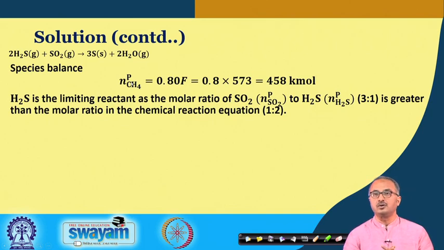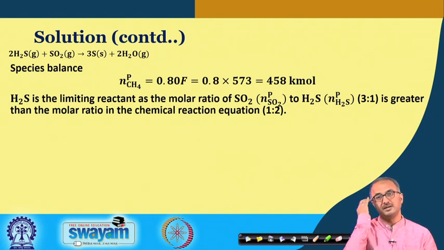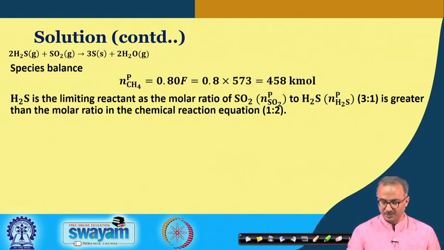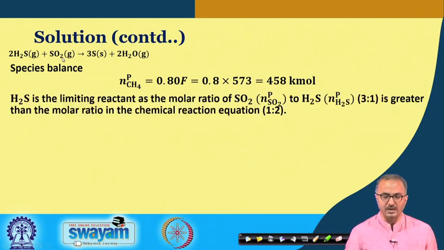Now, after doing all these calculations for the various mole fractions and the feed rates and product rates, what we have to do is figure out which is the limiting reactant. As per the stoichiometry of the reaction, 2 moles of H2S will react with 1 mole of SO2, and here we are given that in the product we have 3 moles of SO2 per mole of H2S.